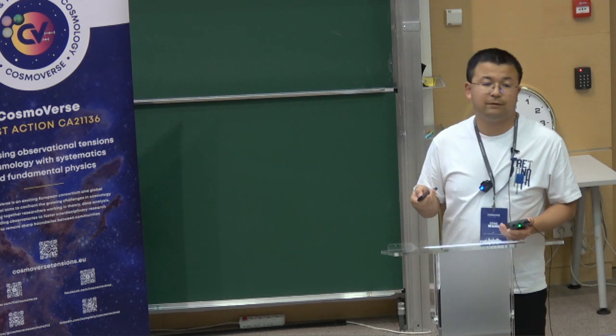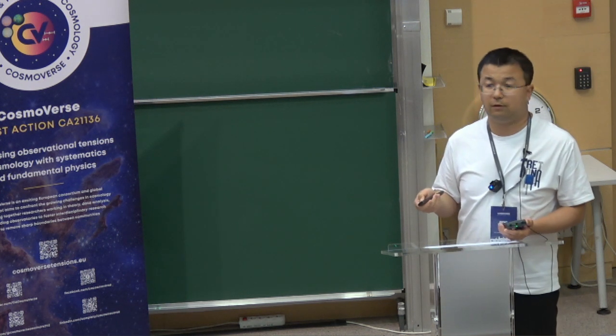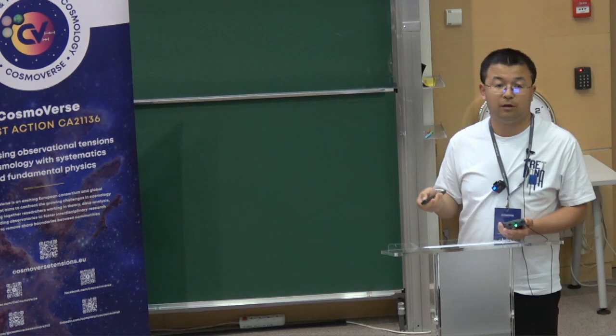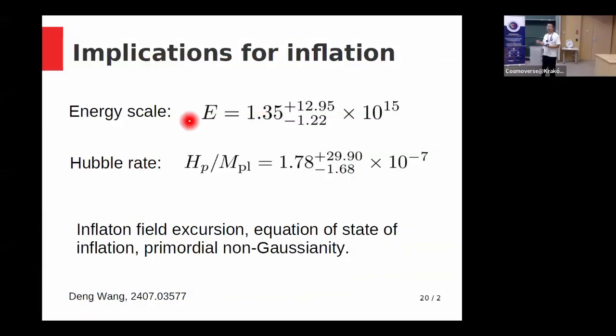And what are the implications for inflation? The first one, I think one may think of, is the energy scale. We give this energy scale. You can see that its upper limit is very large. So currently, my results show the GUT scale. GUT physics is allowed within 2 sigma because the GUT scale is about 10 to the 16.